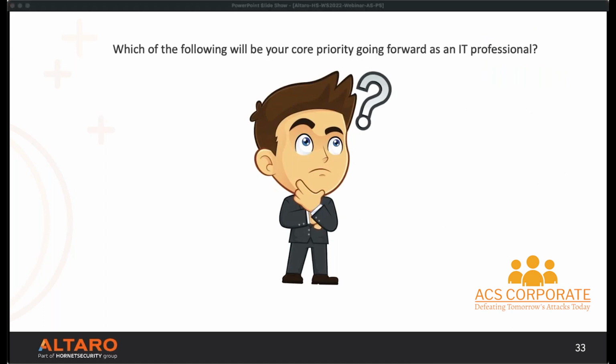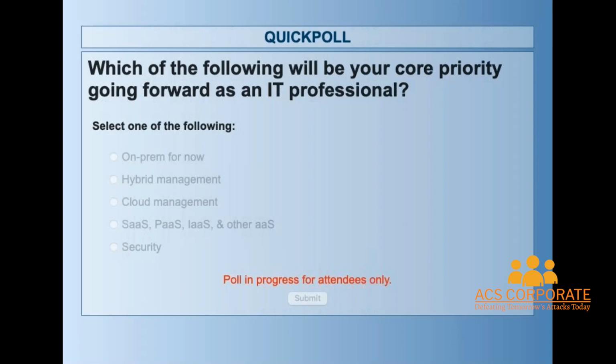Let me go ahead and launch that. So, knowing all that, we covered a lot of information there, I know. Which of the following will be your core priority moving forward as an IT professional? I'm kind of interested to see where everyone's going to land on this, after we've presented what we see as all the relevant information moving forward.